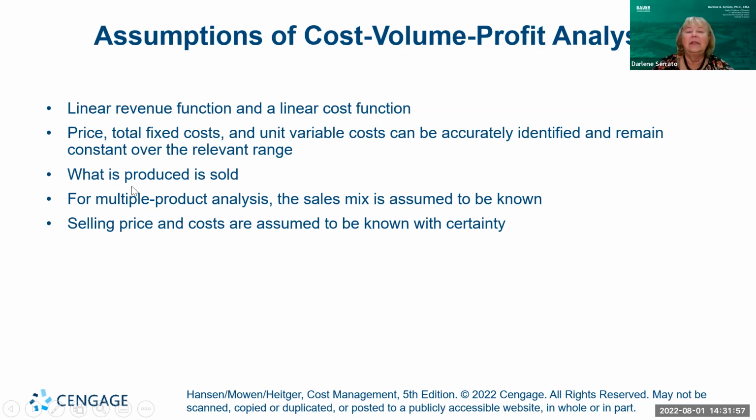This is another assumption. I've talked about it earlier. What is produced is sold. For multi-product analysis, you assume you can figure out the sales mix. And then you assume the selling price and cost are known with certainty. So you're pretty sure that the numbers you came up with are accurate.